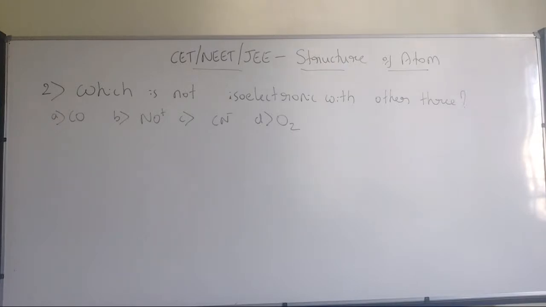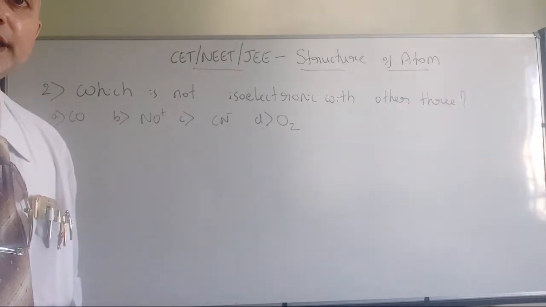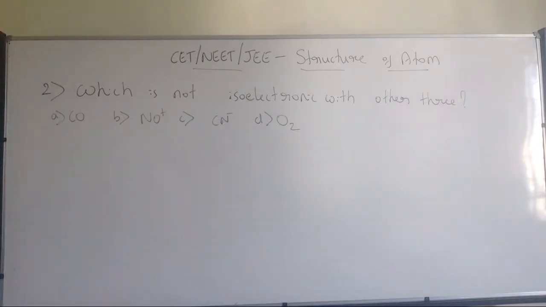Okay? Any one of you? Only thing is, once again you should know atomic number. Once again you should be knowing atomic number of each element present here. Then only you can talk about isoelectronic species.